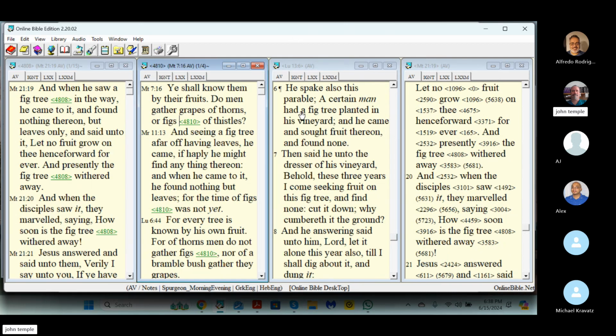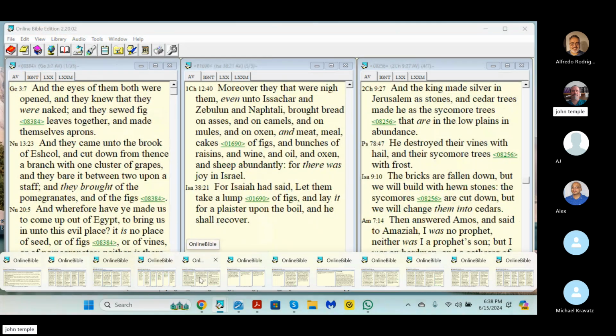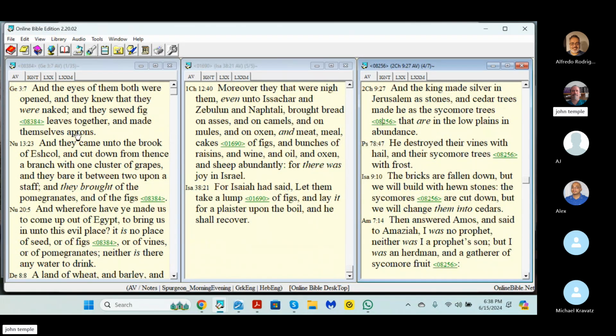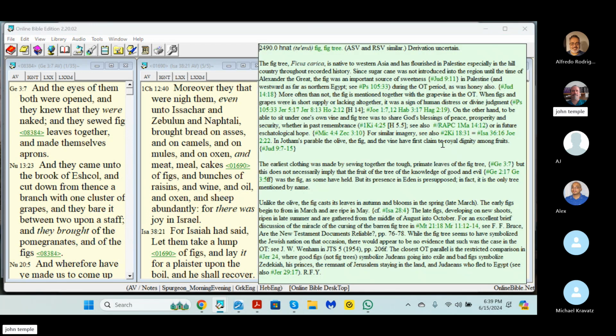And we're going to look at, in the Old Testament, I'm all mixed up here now, number 5. So in the Old Testament, this would be Tehana, or Tehan, Tehana, fig tree, and it's 8384 in the Hebrew, and it's TWOT 2490.